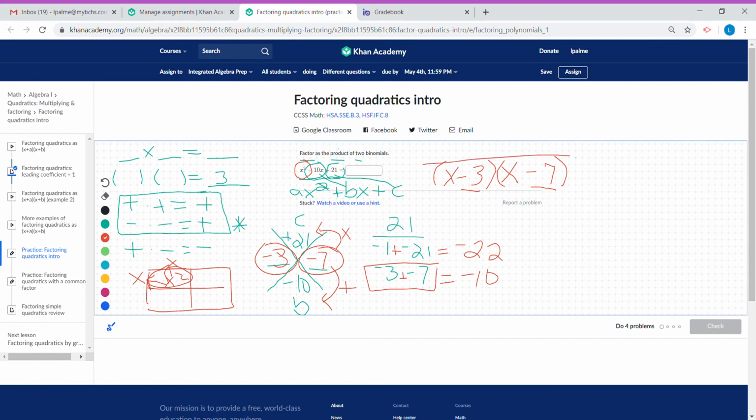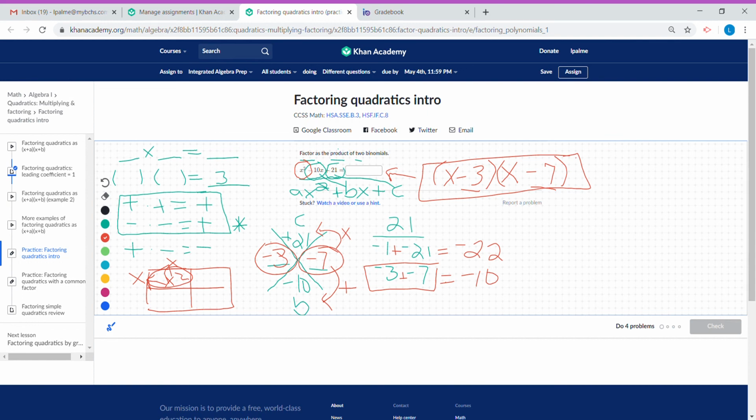So this is your final answer. Please do not forget that when you're plugging them in, you make sure that you have your parentheses: open parentheses x minus 3, close parentheses, open parentheses x minus 7, close parentheses.